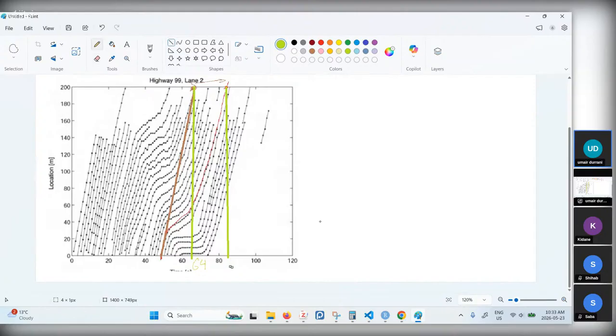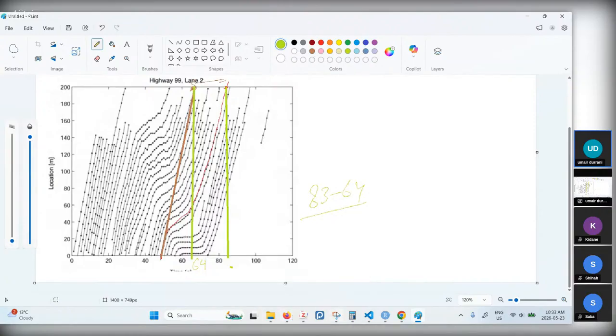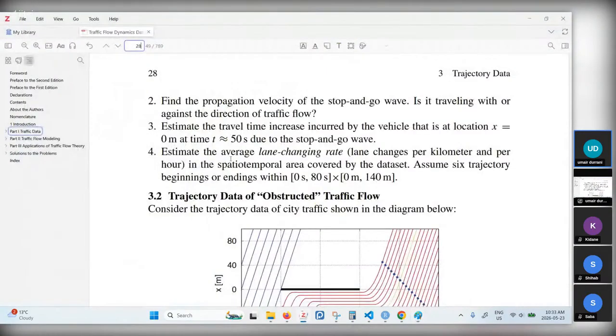Yes. Okay, so if it is 83, then it's 83 minus 64. So that would be the time that it has lost. So that's the increase in the travel time. So about 21 seconds. Let's say what the solution says.